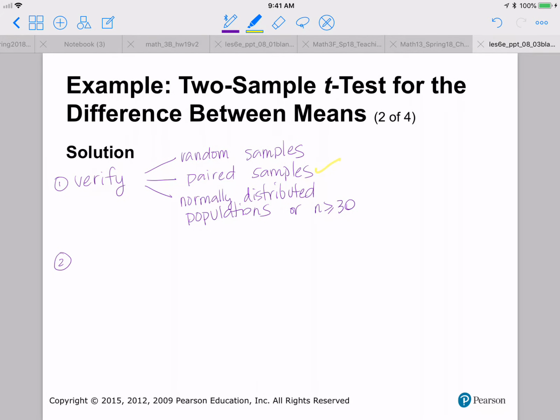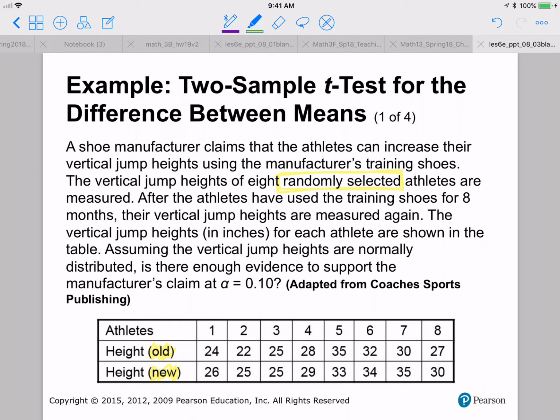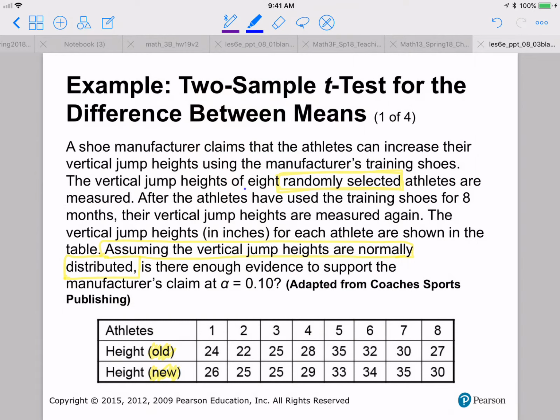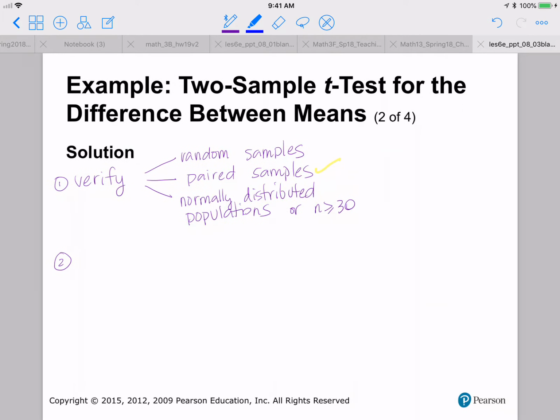And then normally distributed populations or n is greater than or equal to 30, assuming the vertical jump heights are normally distributed. So we've got that assumption. Now notice that n is equal to 8, and it's also showing up here, n is equal to 8. But that's okay because we've got normally distributed populations. That's what we're assuming. Okay.